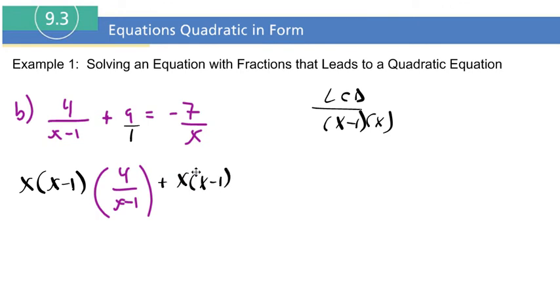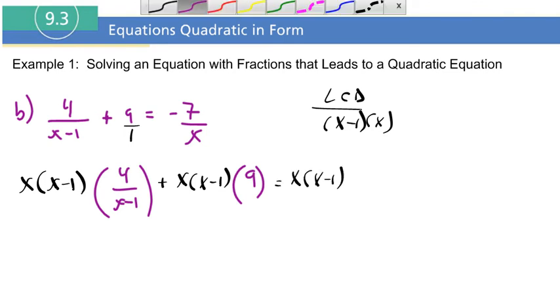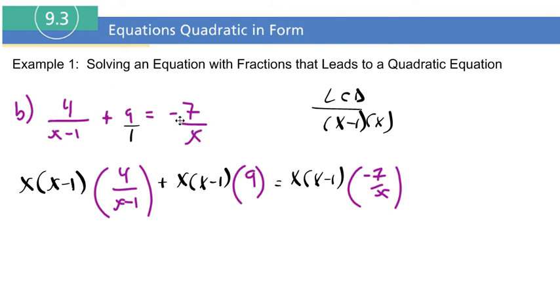So multiply again x times x minus 1 by our next term, which is just 9. And then equals, multiply again x times x minus 1 by the next term, negative 7 over x. Cool. So see how we took the original problem, and all I did was stick an x times x minus 1 next to each term because we're going to multiply it.